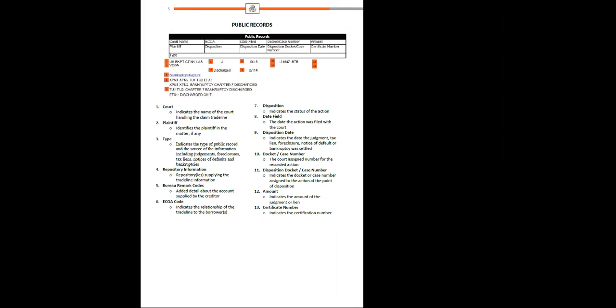So I just want to go over how this looks and how it reads. If you look at number 1, it speaks to the court, U.S. Bankruptcy Court in Las Vegas, Nevada. That's who's handling that claim trade line. The plaintiff in this case says Vegas, so I guess Las Vegas.